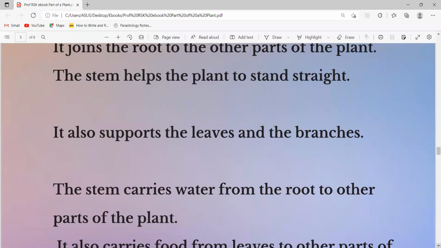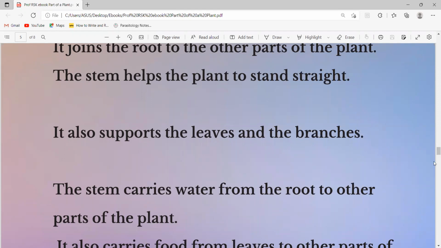It also supports leaves and branches. That is true. The stem supports leaves and branches, and not only leaves and branches, it also supports the flowers and it also supports fruiting. That is as a result of the stem.